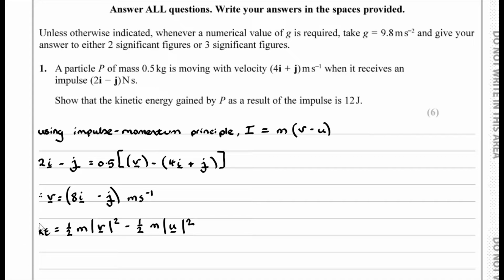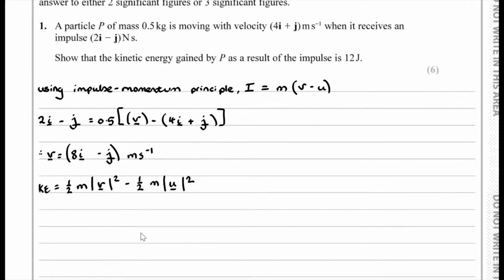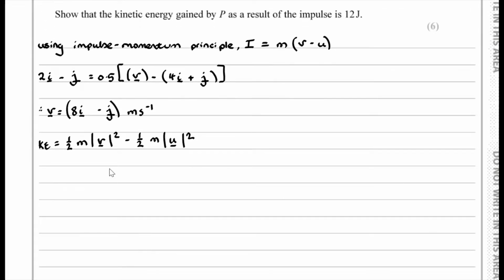So if we work this out, we have 1/2 times m multiplied by 8 squared plus (-1) squared.